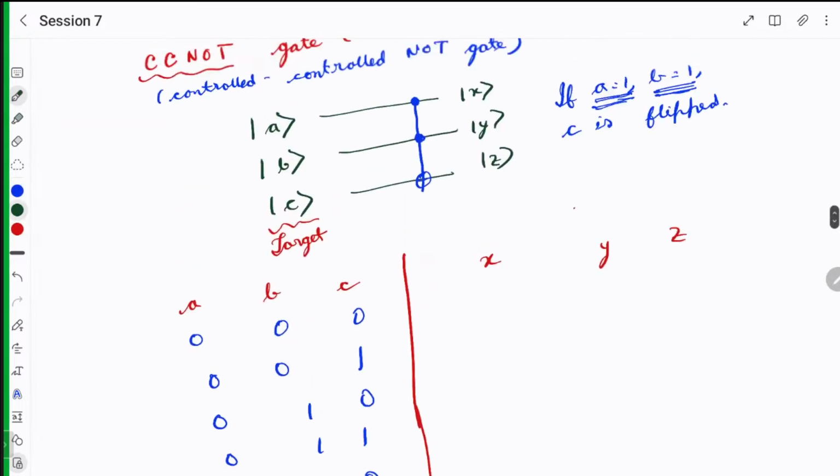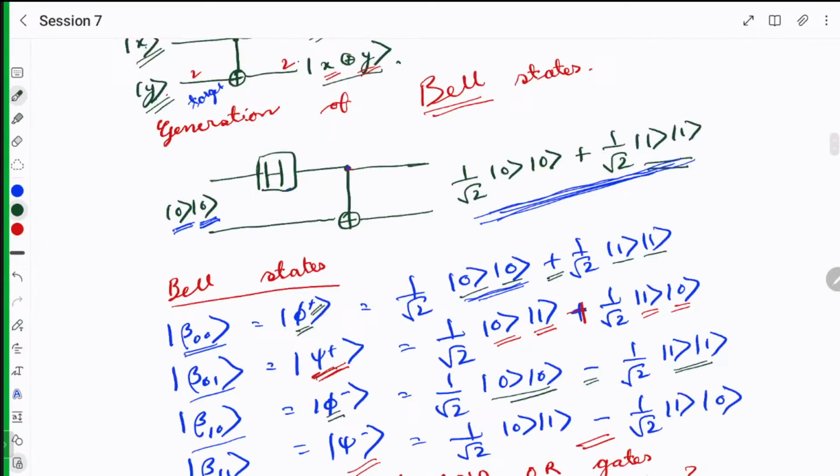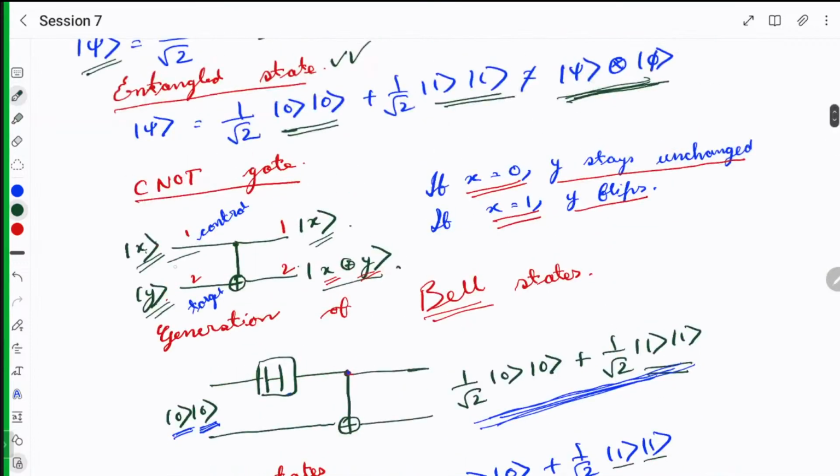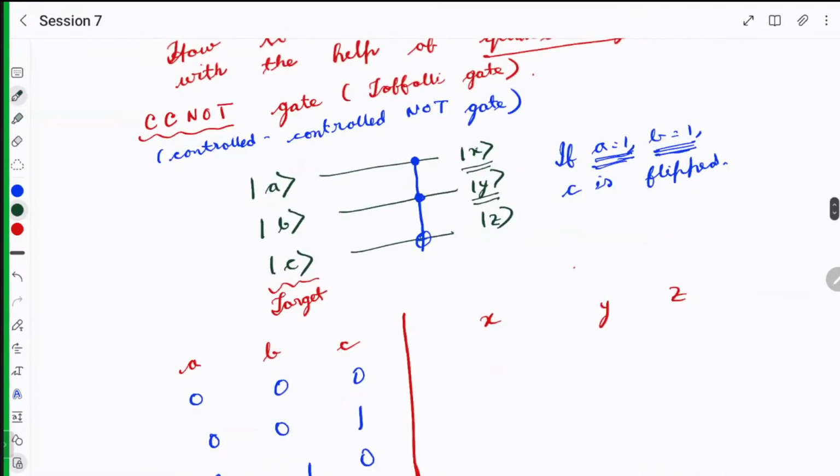Remember, just as in the CNOT gate, the control qubit was left unchanged, so the control remained the same. So here also the control qubits will remain unchanged.